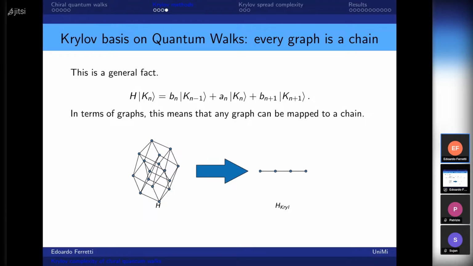And we are applying H again. So we will have a term which depends on H to the n plus 1 applied to psi 0, and other terms which in general are just given by this combination.